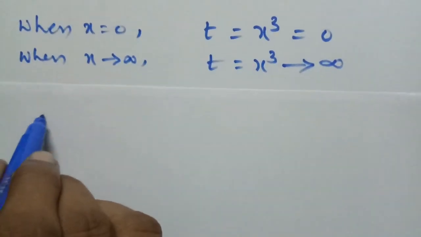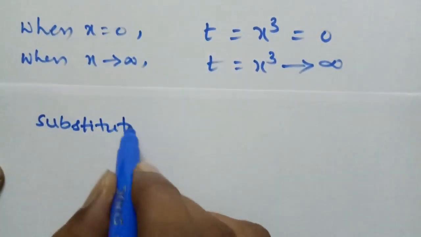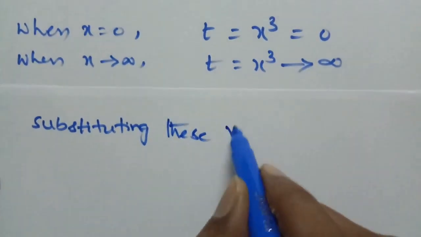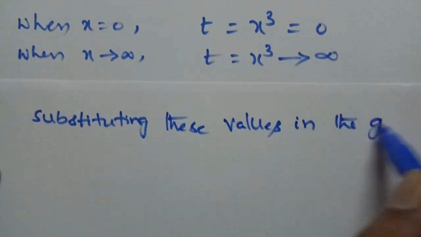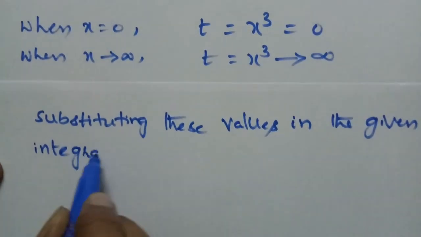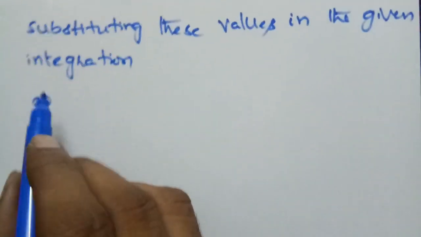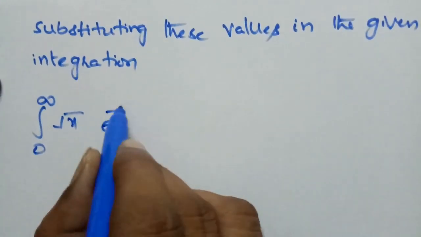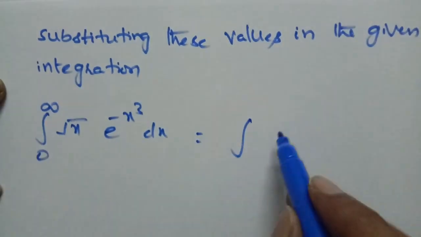Substituting these values in the given integration, integration 0 to infinity e power minus x cube dx, it becomes root x.